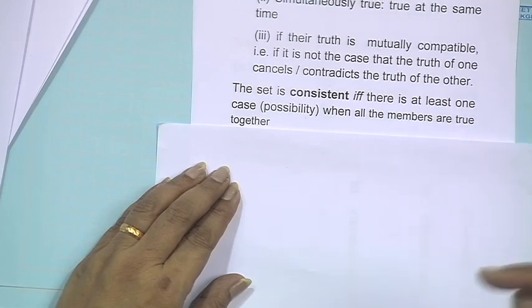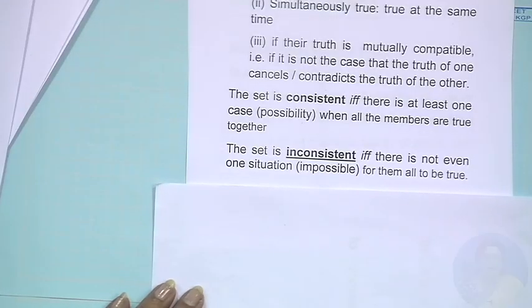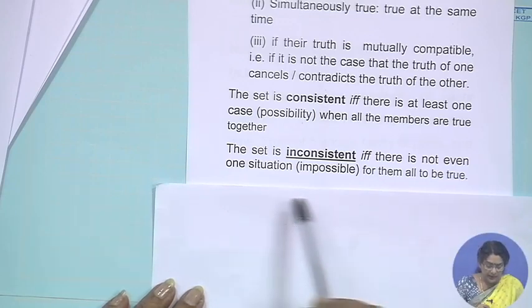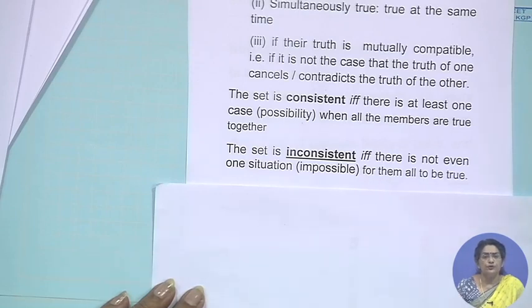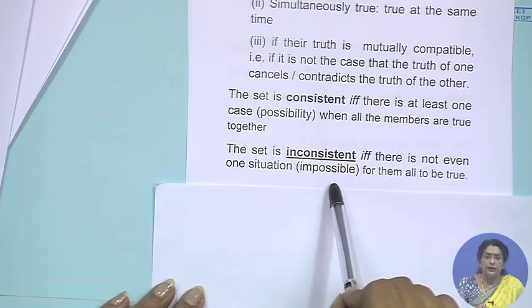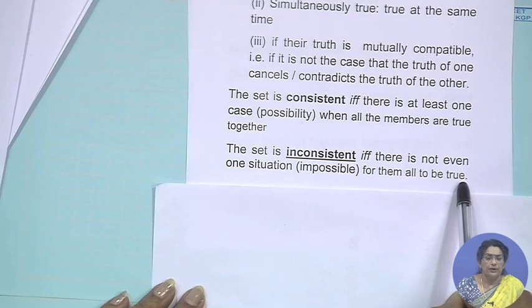So, if you can find even one situation when all the members are true together, you can call the set logically consistent. Now you can imagine what inconsistency would be, namely when there is not even one situation when you can find all of them to be true. So, it should be impossible for them to be all true together.